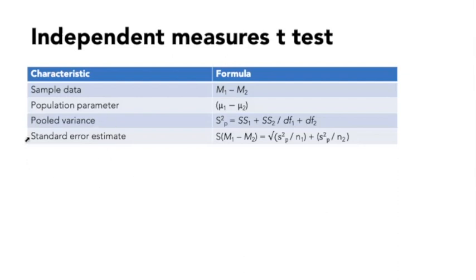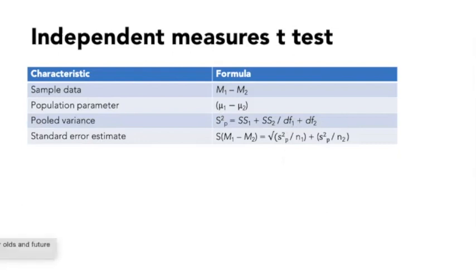And then you have a standard error estimate. Standard error estimate is the pooled variance of the two groups divided by the number of cases of the first group plus pooled variance divided by the number of cases of the second group, and for the overall thing you get a square root.